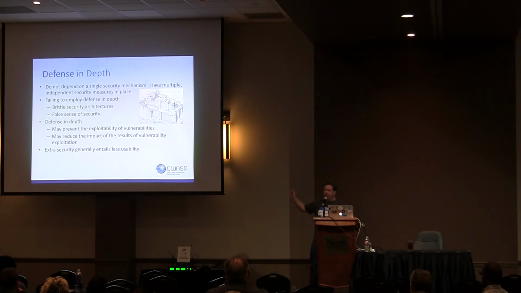And I use a picture of a castle here because I think castles are great examples of defense in depth. If my castle was just a building in the middle of a field, it's not going to be very secure, right? Anybody's going to be able to come with their army and just crush me. So I take my building and surround it with walls. Instantly a little bit safer, right? Because somebody has to figure out how to go over, under, or through those walls, but I've made it more difficult for somebody to just sneak in my door.